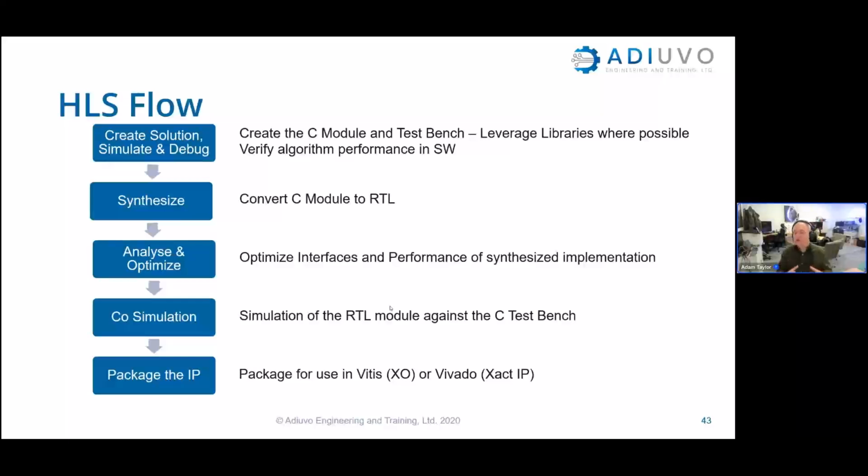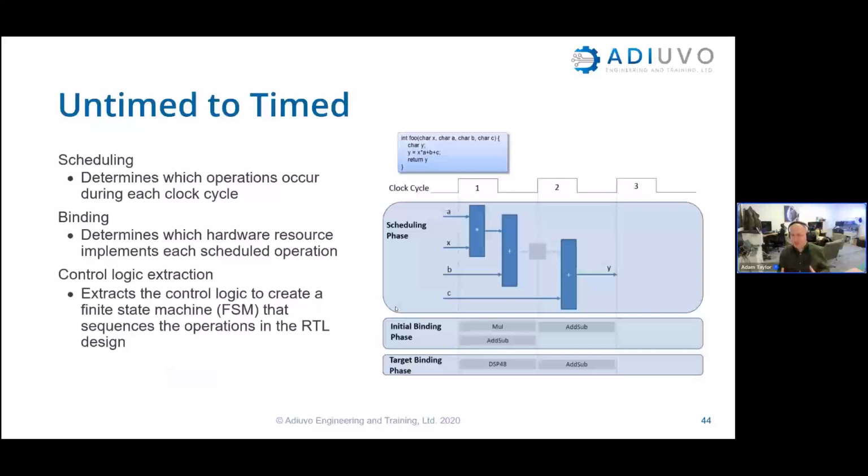We can make performance optimizations as well with pipelining, unrolling, and suchlike. And then we can do a co-simulation to prove that the RTL generated by the synthesis tool behaves the same as the C that we've created. And by the time we get to that, our final stage is to package it and use it either in Vitis or in Vivado.